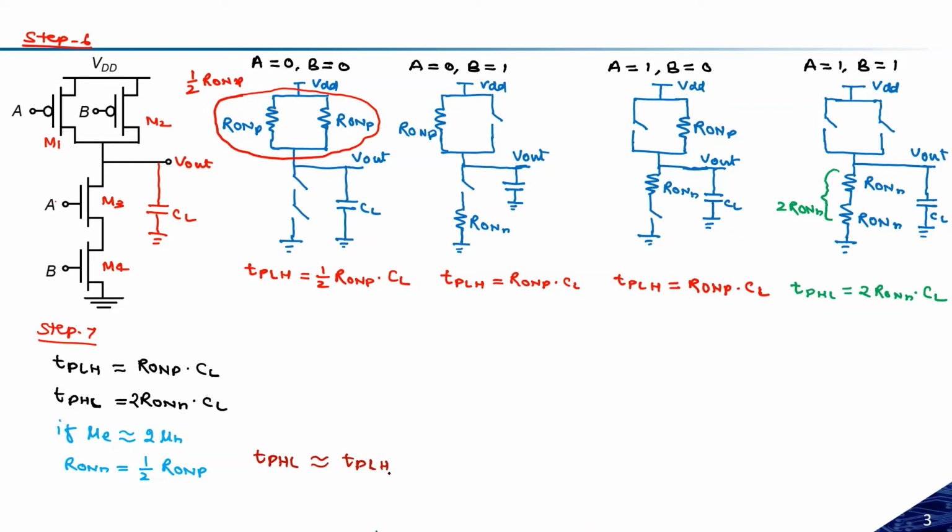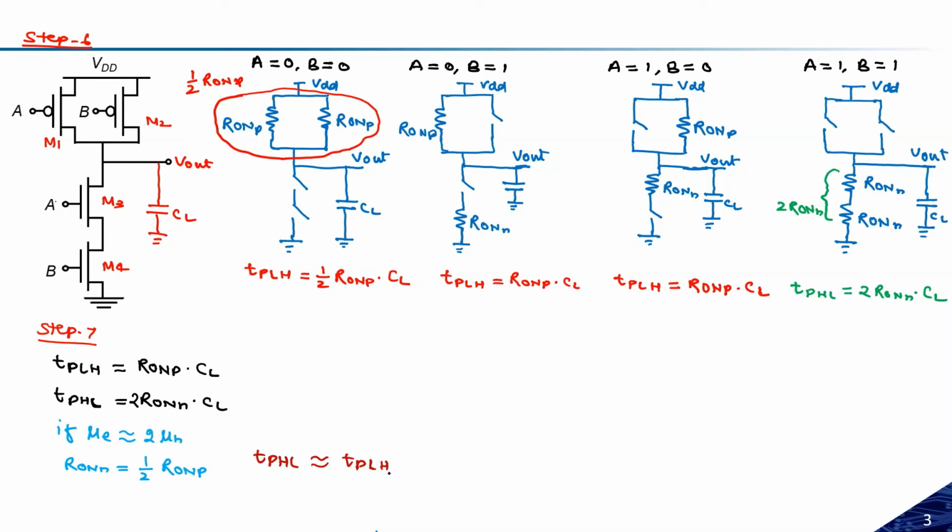If you remember the inverter circuit, to make equal rise time and fall time, you have to increase the size of the PMOS transistor by double or 2.5 times. But in the NAND case, you don't need to increase the size of any of the transistors. By default, you are getting equal rise time and fall time.